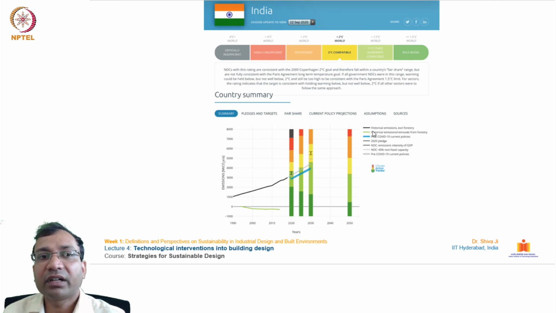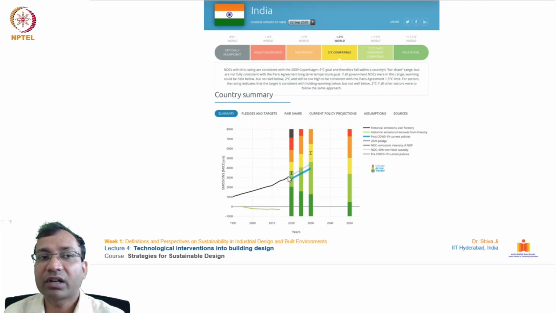With this legend you can understand the historical emissions as it has happened over the years. The black line depicts up to the year 2020, little before that I think up to 2019, and historical emissions removals from forestry post COVID-19 current policy are shown in the blue over here.